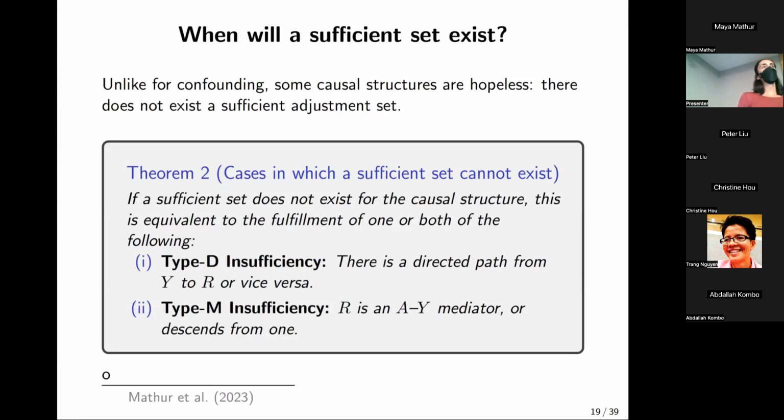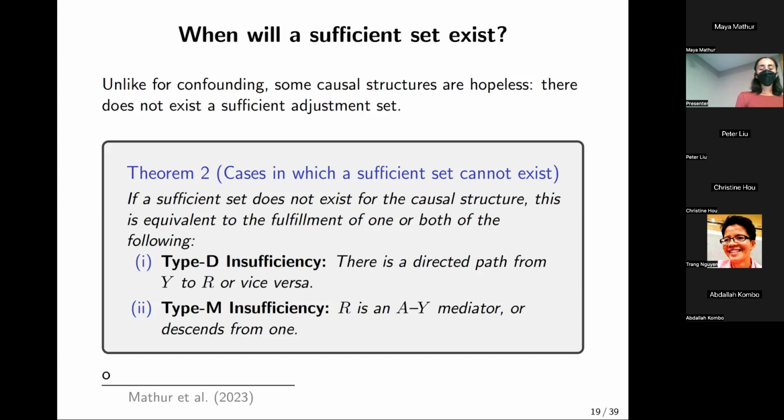This is where either the outcome itself affects selection or selection affects the outcome. And the other possibility is that we have some mediator between A and Y, and either the selection indicator is that mediator, so A affects R affects Y, or the selection indicator is affected by that mediator.